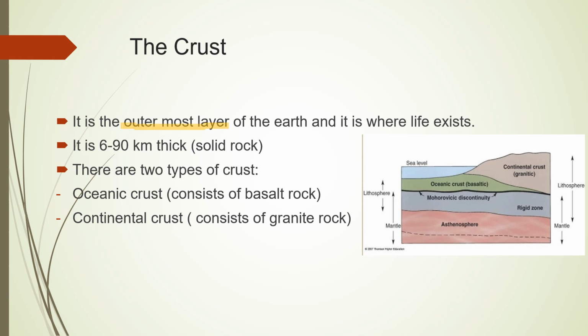So now when the question comes and says which layer is the outermost, you must know that it is the crust. Again, it is where life exists. So on this layer we are able to live, meaning all the living things are found on this layer, which is us.